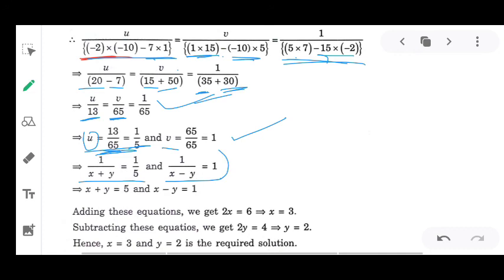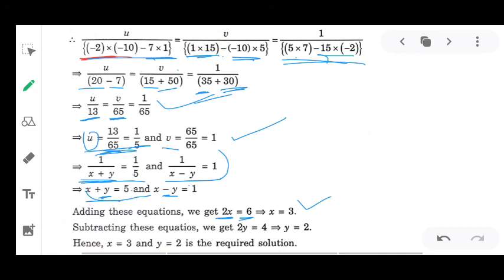Now x plus y equal to 5 and x minus y equal to 1. Now adding these equations, x plus x is 2x, and minus y plus y will be cancelled. Then on the right side it will be 5 plus 1, that is 6. So 2x equal to 6, then x will be 6 by 2 equal to 3.